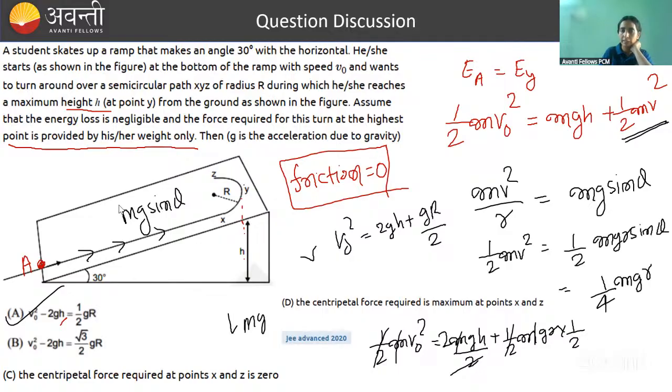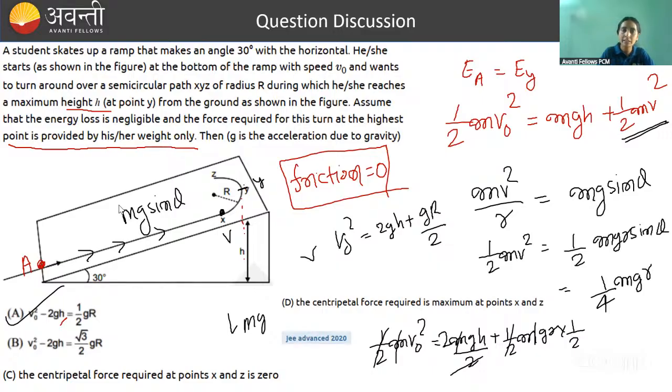Its speed must be decreasing because its kinetic energy is getting converted into potential energy. And when it is at X, its kinetic energy is something, right? Something v. But when it is reaching Y, its speed has further decreased because it has further moved up the height. So as it reaches greater height, its speed keeps decreasing.